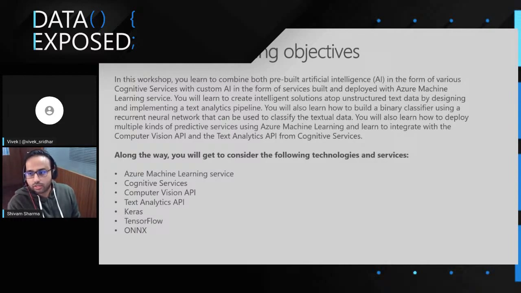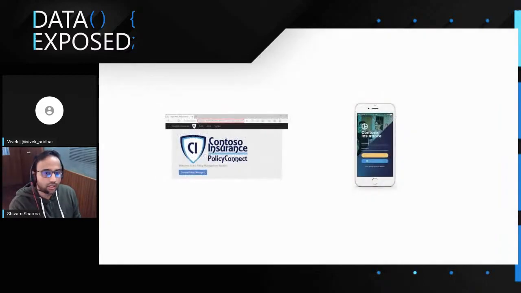The scenario is around one company called Contoso Insurance. They work in the insurance domain, their headquarters is in the United States, and their customers are US customers.